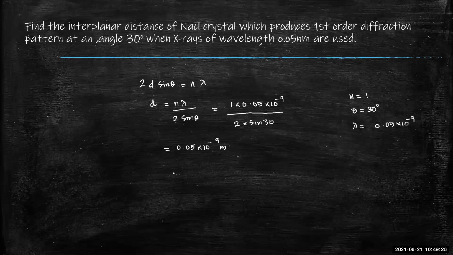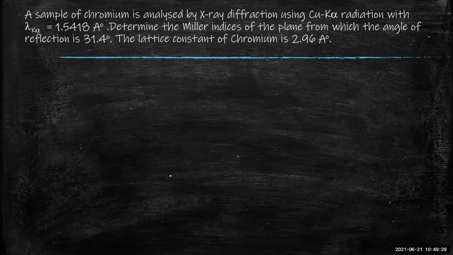The next question is, a sample of chromium is analyzed by X-ray diffraction using the Cu K alpha radiation with wavelength lambda K alpha equal to 1.5418 angstrom. Determine the Miller indices for the plane from which the angle of reflection is 31.4 degree.